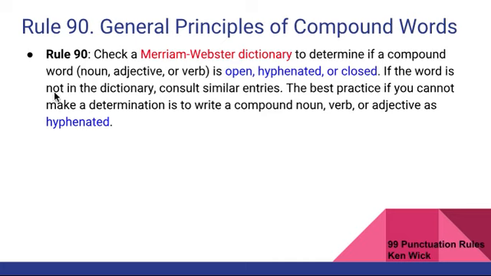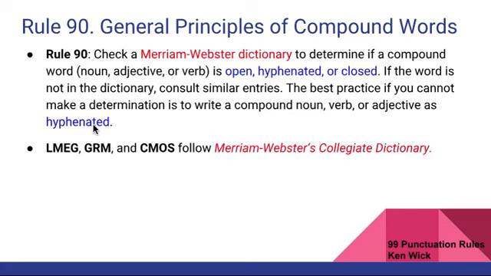If the word is not in the dictionary, consult similar entries. And the best practice, if you cannot make a determination, is to write a compound noun, verb, or adjective as hyphenated.